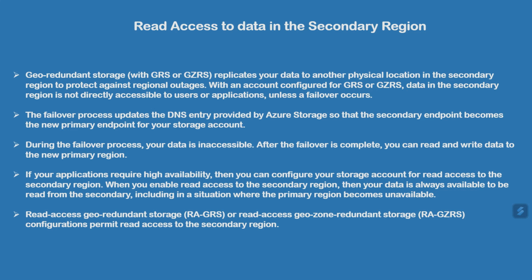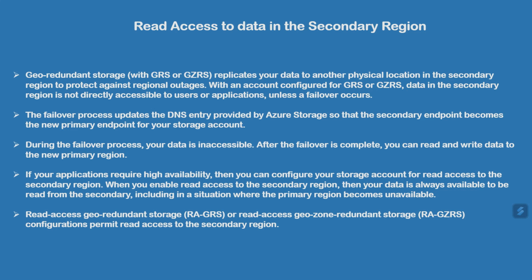Basically, when we utilize GZRS or GRS, you don't have read access to the data that is in the secondary region until and unless there is an outage and a failover occurs. You won't be able to access the data in the secondary region for read or write access.